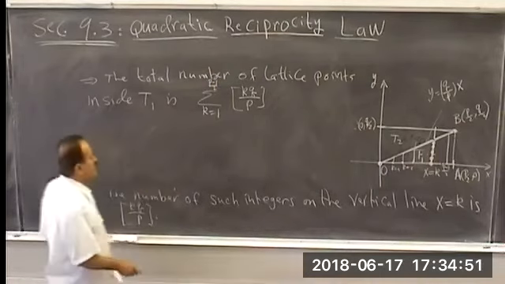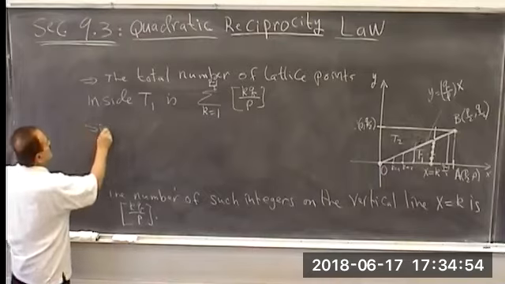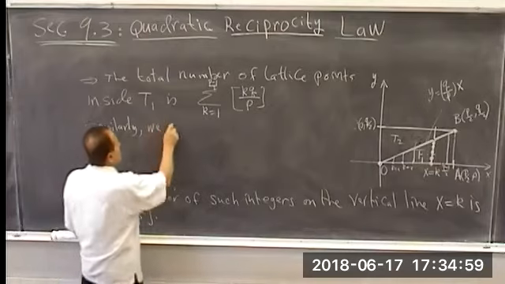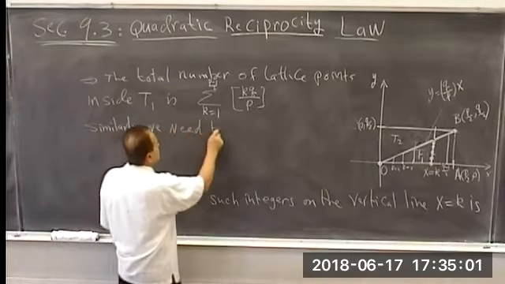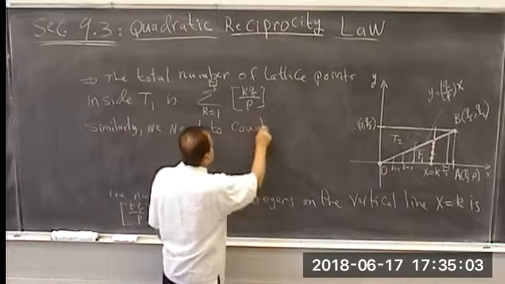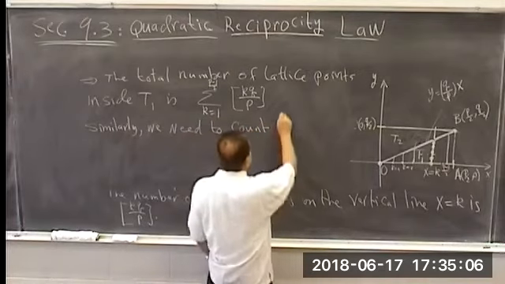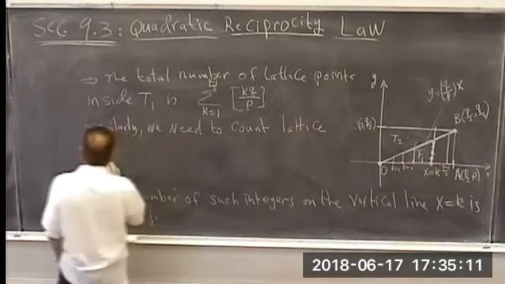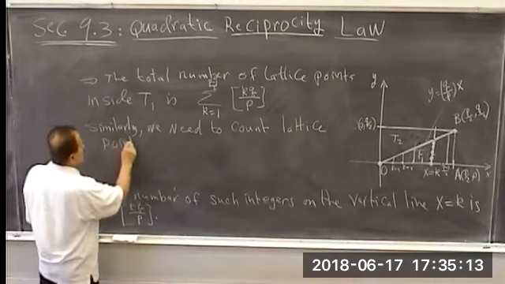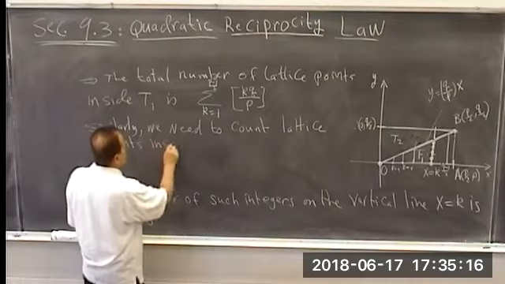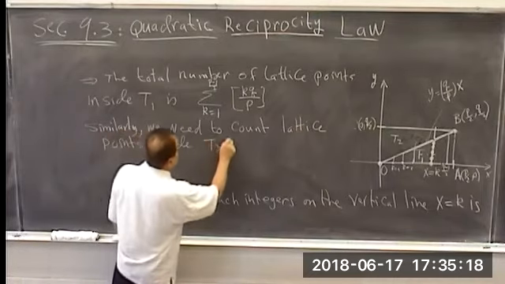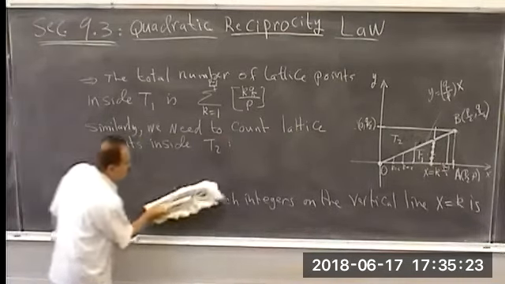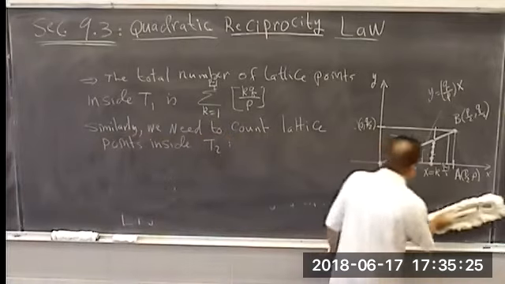Similarly, we need to count lattice points inside T2. And the way we do this one, we're going to consider horizontal lines this time. So we're going to repeat basically the same argument.